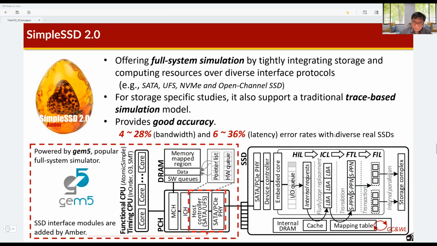Also this SSD model implements several layers such as the FTL and the flash layer, and then the HIL, yeah, the host interface layer, and then the internal cache layer. I don't remember all. So this SimpleSSD 2.0 model implements several architectural models of the SSD.